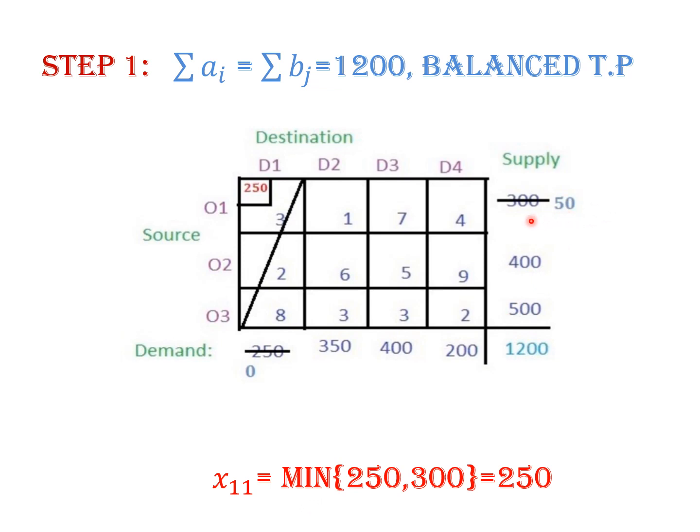Here, the value of a1 is 300, b1 is 250. The minimum value is 250. We put this value in the first cell. So, we cross the first column and subtract 250 from 300. The remaining element is 50, placed here. This is our first step.